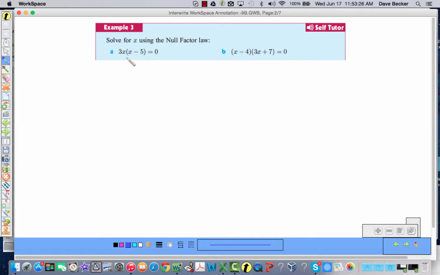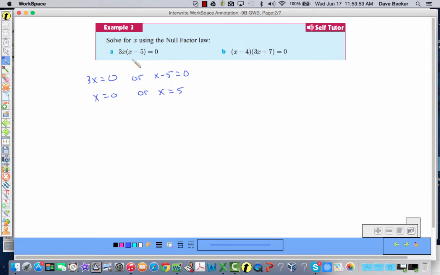All right, so solve for x using the null factor law. I have 3x multiplied by x minus 5. Well, either 3x could be equal to 0, or x minus 5 would be equal to 0. Divide by 3, x equals 0, or x equals 5. And let's convince ourselves. If x equals 0, 3 times 0 is 0, and 0 times 0 minus 5, so 0 times negative 5 is 0.